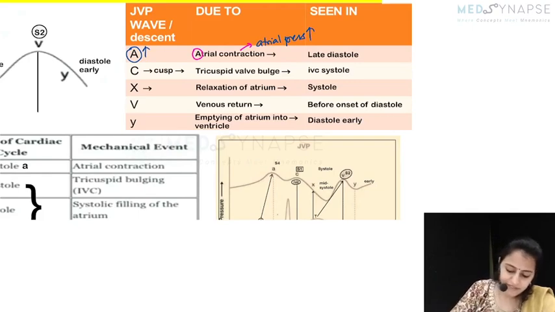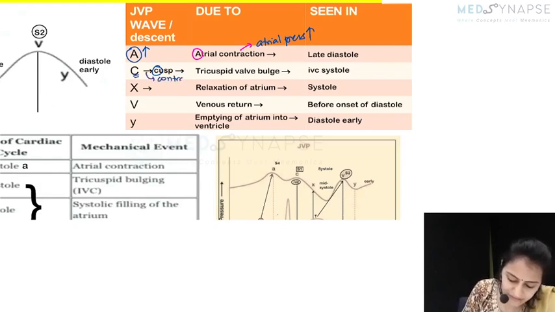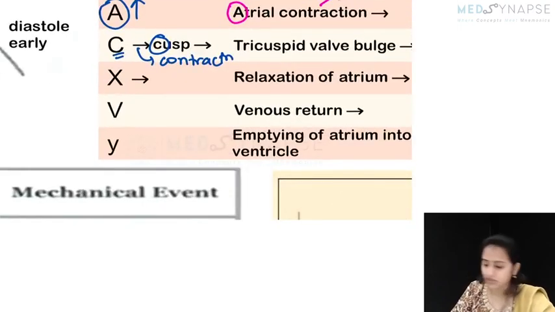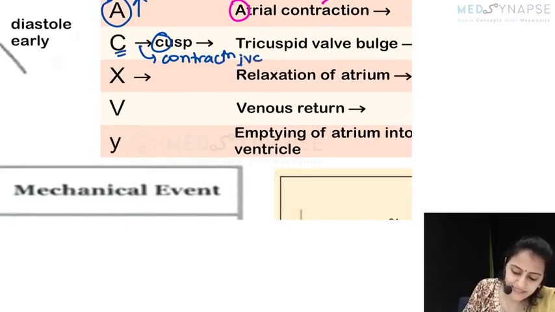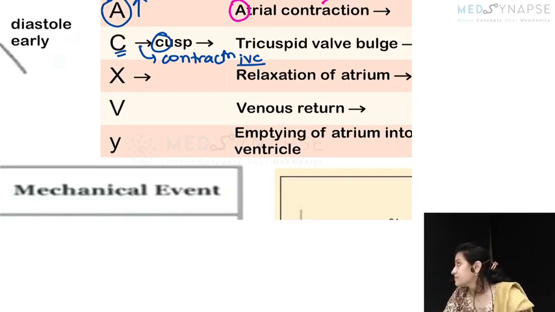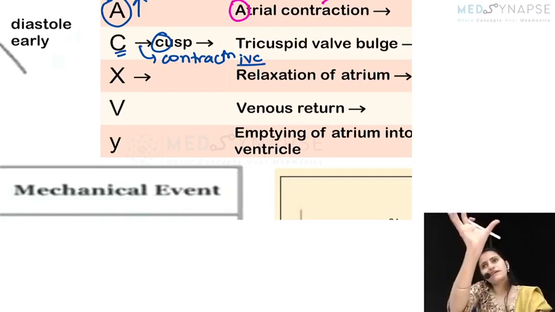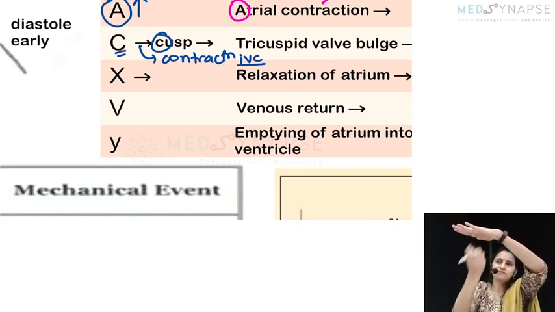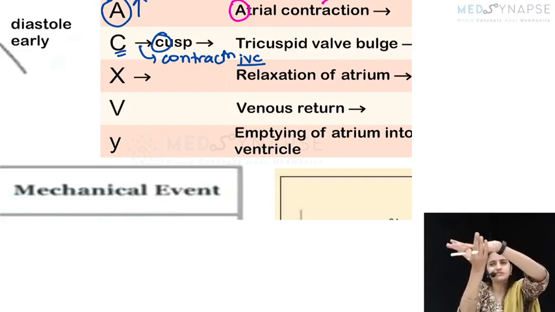C wave is due to C for cusp, C for contraction. C for cusp, C for contraction. Which contraction? Isovolumetric contraction of the ventricle. So when the ventricle contracts, the pressure in the ventricle pushes the tricuspid valve up.